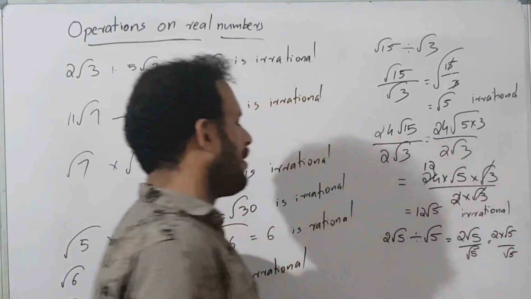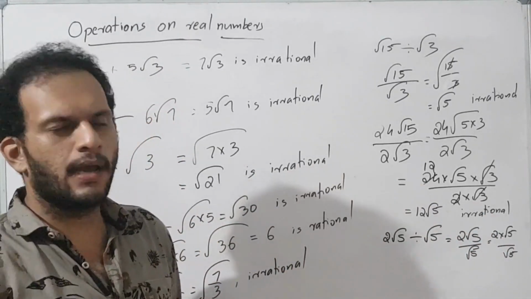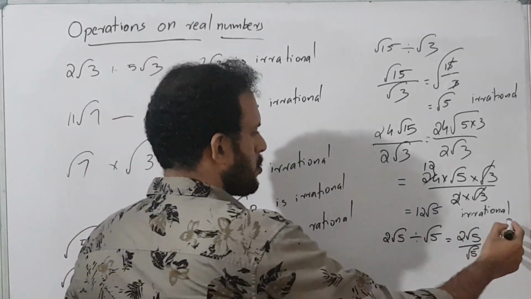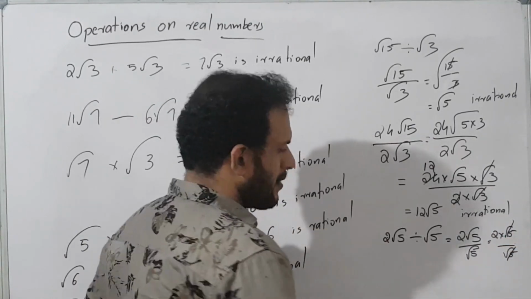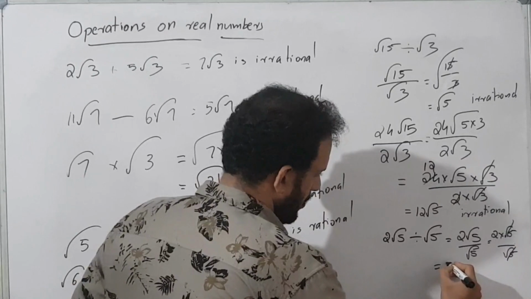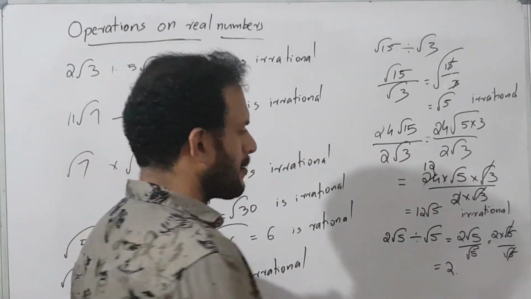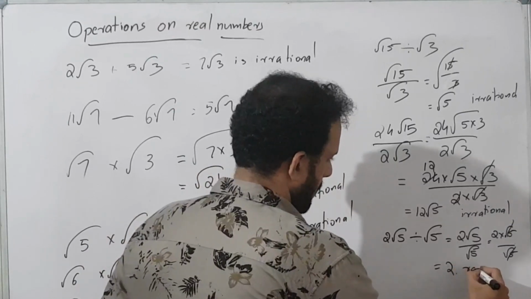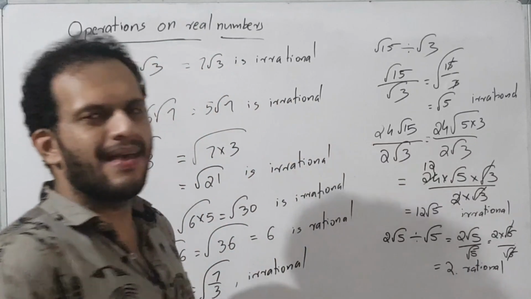The numerator and denominator have a common factor. What is that? Root 5. So it is possible to cancel. Correct? Then what is the result? The result is 2. Is 2 rational or irrational? It is rational. Correct?